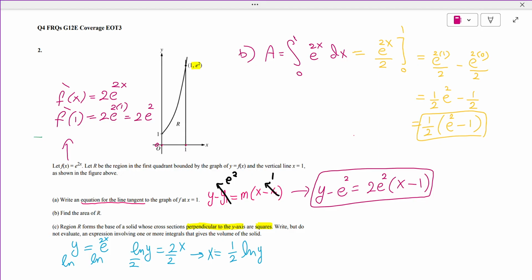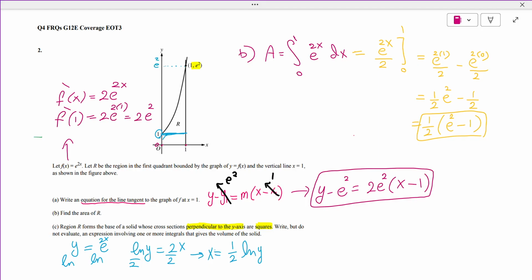Now, if you look at the region R in the graph, from 0 to 1, the function has nothing to do with the base, with R. The function starts from y equals 1 and goes all the way up to e to the power of 2.